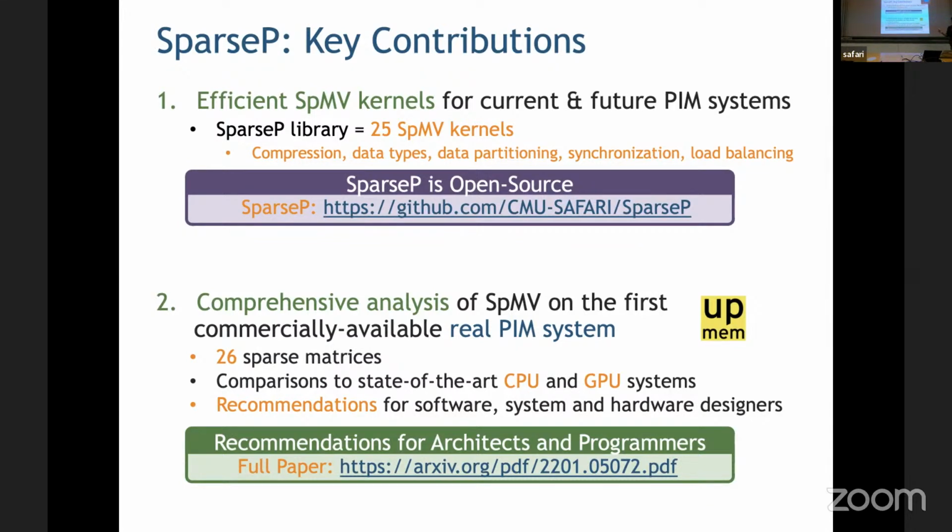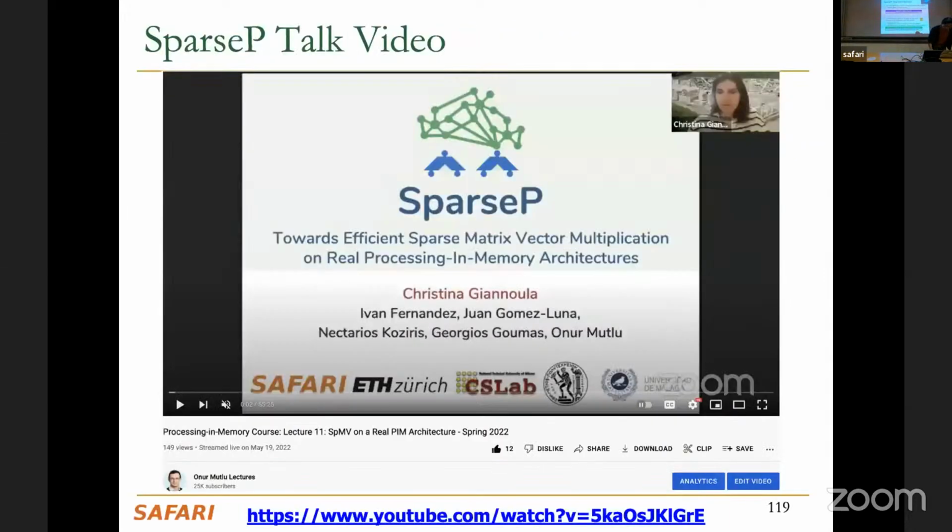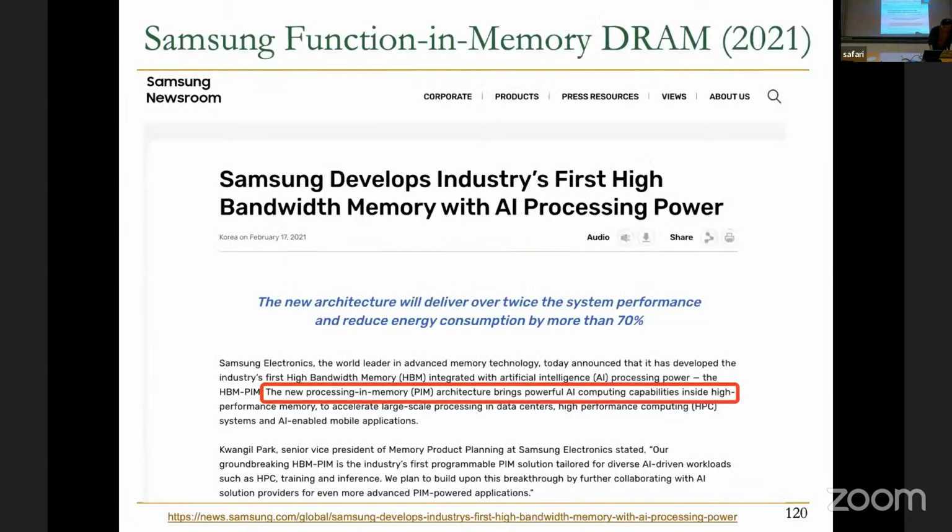CSR is the most typical one, but there are other formats as well. Data types, data partitioning strategies, synchronization strategies, load balancing strategies, and in total, as you see, 25 different implementations. Evaluation with different sparse matrices from well-known repositories and comparison to CPU, GPU, and recommendations for the future as well. And this is one of the talks that I mentioned earlier.